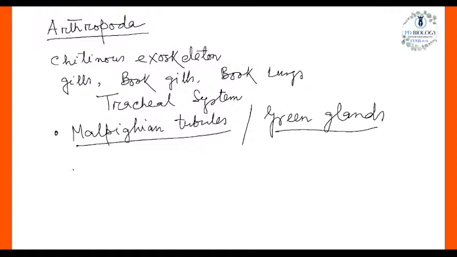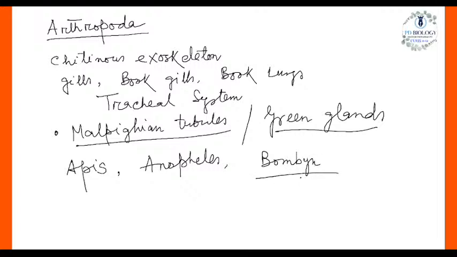The best examples in this group are the honeybee, Apis dorsata, Apis mellifica, Apis indica; Anopheles mosquito, Anopheles stephensi, Culex, Aedes aegypti; and the silk moth, Bombyx mori.